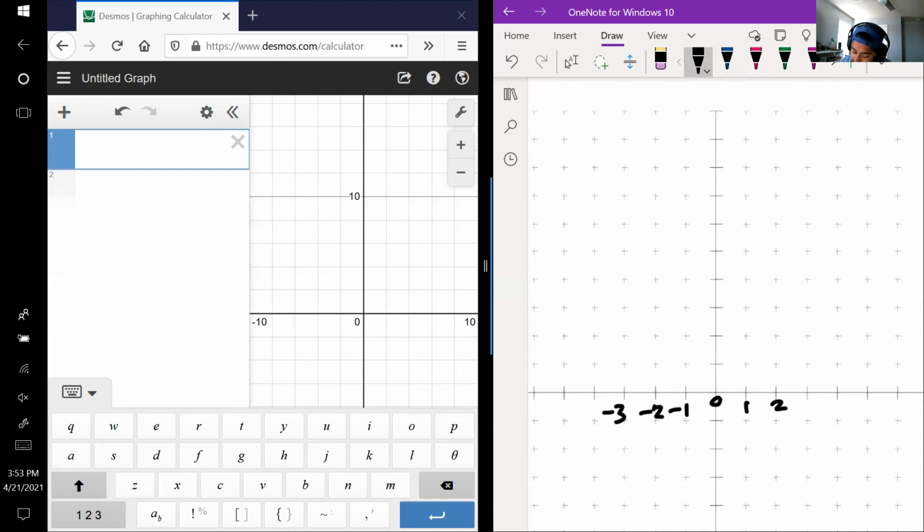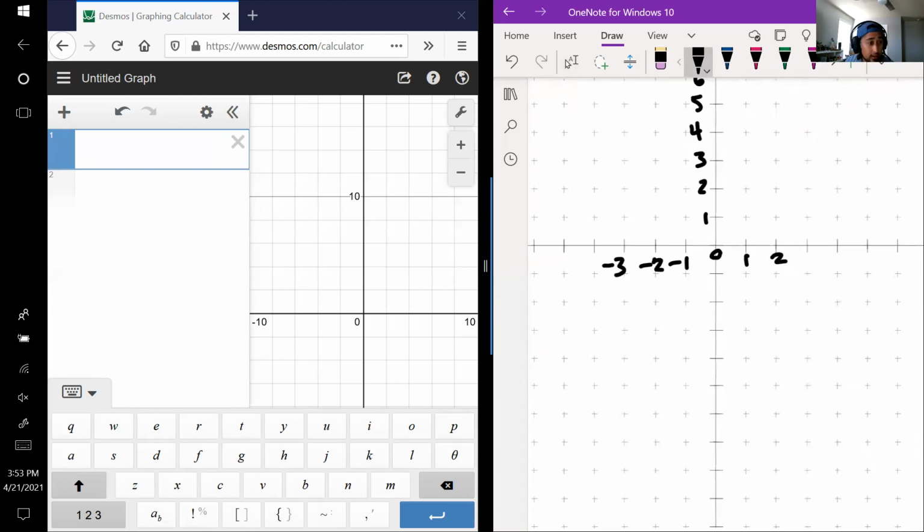So we can just leave these intervals alone. This will be 9. And the lowest we go is negative 6. So 1, 2, 3, 4, 5, 6, 7, 8. And then the lowest we go is, again, negative 6. I guess we could have gone by 3s, whatever. Negative 1, negative 2, negative 3, negative 4, 5, and 6.